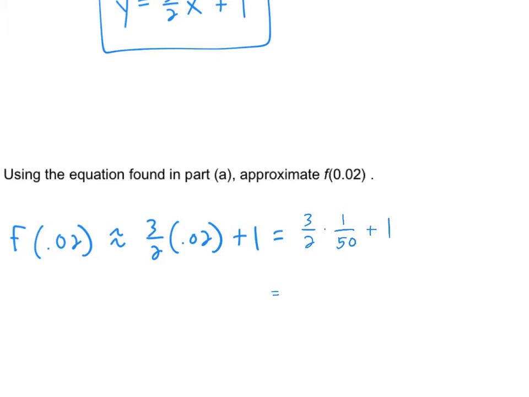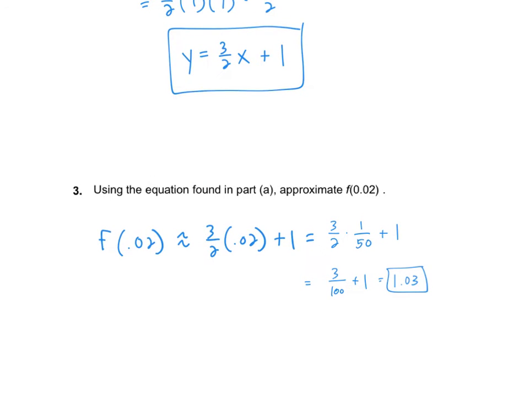I know we don't have to, but whoops. Okay, so this is 3/100 plus 1. And then 3/100 is 0.03. So this is 1.03. And that's it. Okay, but just keep in mind, you could have written that and gotten full credit. So you don't have to simplify, just have to solve for the thing itself.